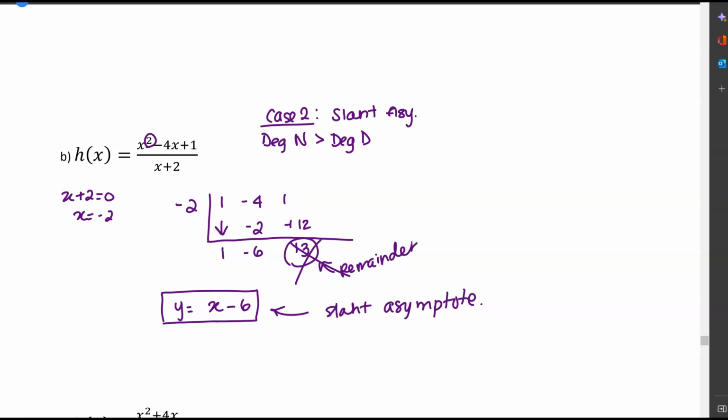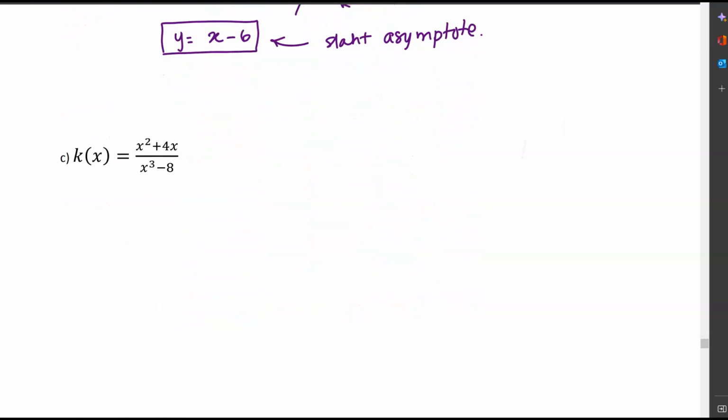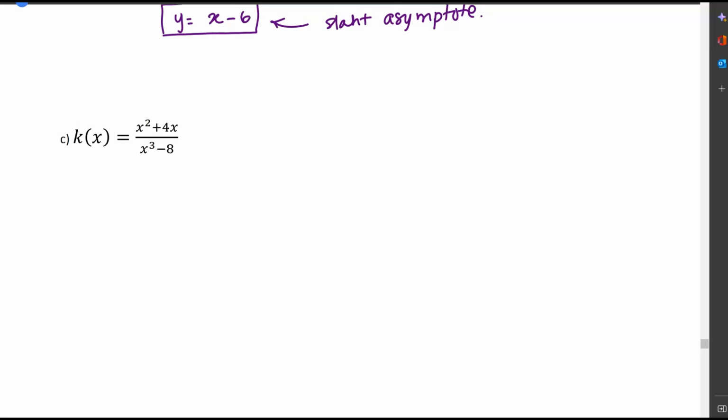Okay. So again, we did synthetic division, and we got our slant asymptote from that division. All right, let's take a look at C. Here I have the degree of the numerator is less than the degree of the denominator. So this would be our case 1.